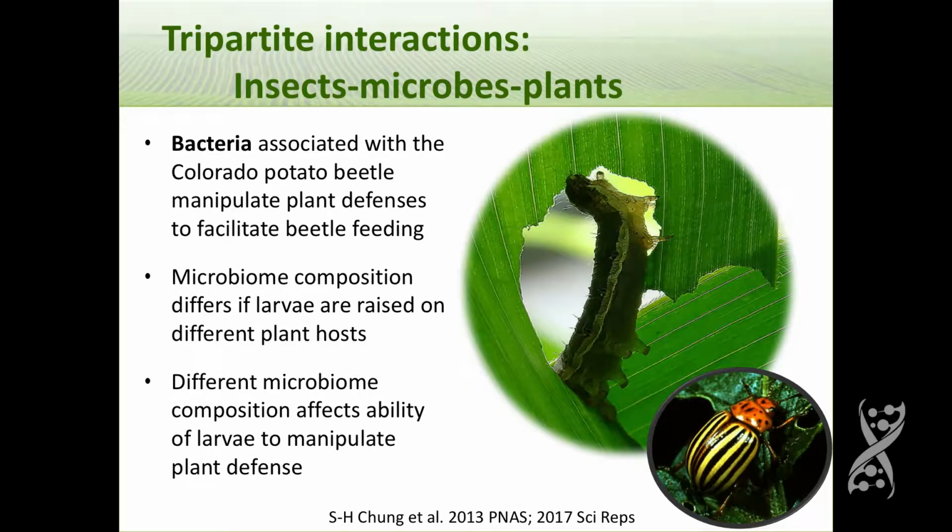They're delivering bacteria into that wound site, and those bacteria induce a plant defense response, a salicylic acid-based defense response. And salicylic acid defense responses are antagonistic to jasmonate defense responses, which are inhibitory to insects. So in other words, the insect uses the bacteria in order to make the plant more accessible.